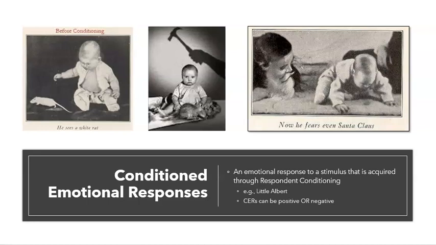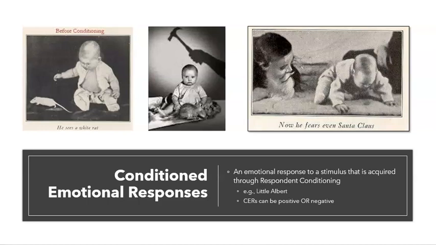And so in 1920, two researchers, Watson and Rayner, decided to do a study to look at conditioned fear in a young child. And they picked this young baby called Albert. That's what he was known as.